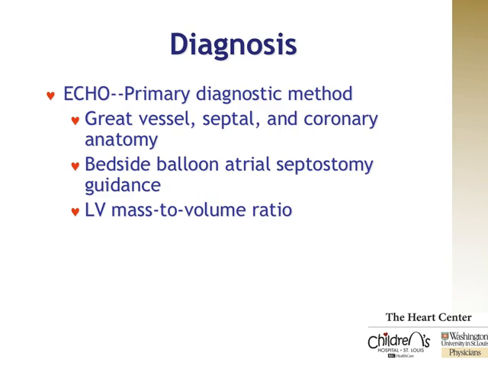The typical orientation of the great vessels with transposition is the aorta is anterior to the pulmonary artery and slightly to the right. It's important to identify the cases where there's a little more of a side-by-side orientation.